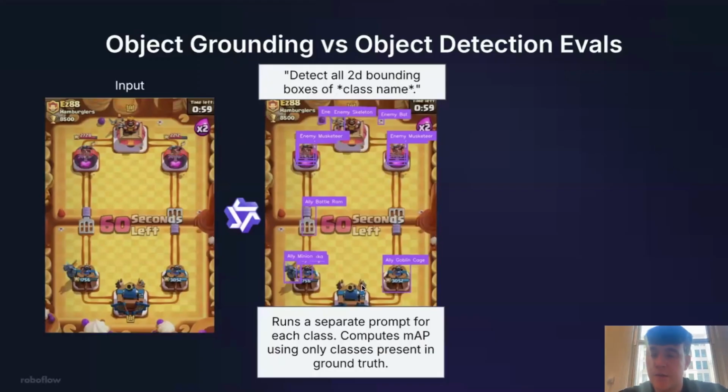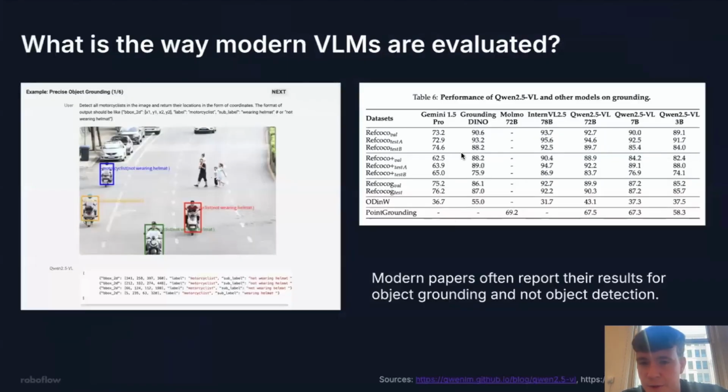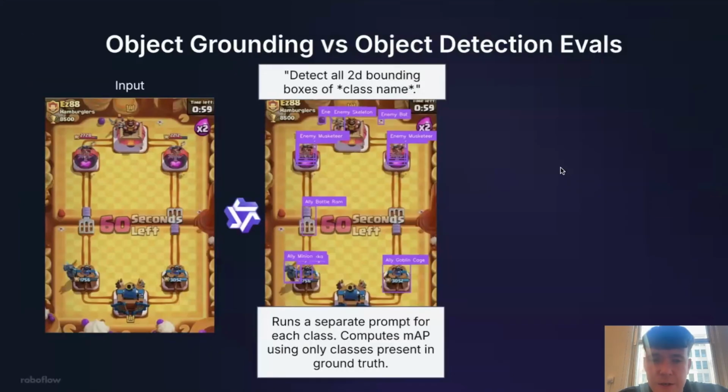And the key thing, this is what the Qwen paper does here, where it reports the results on all of the other tasks, is it would go ahead and use each class individually and do a separate inference call for that class. So it would take a class like an elixir bottle, and it would run the prompt detect all 2D bounding boxes of that class.